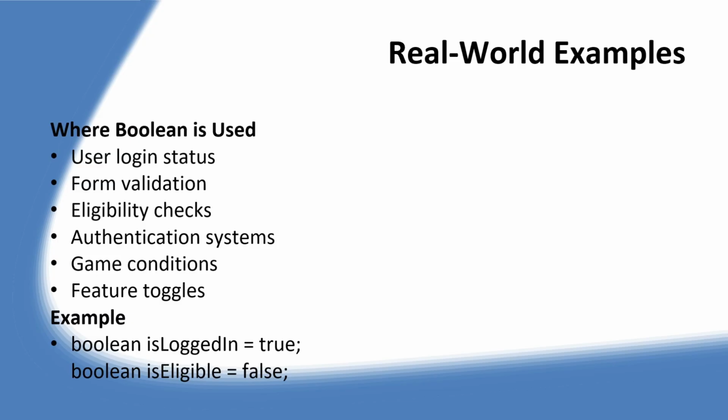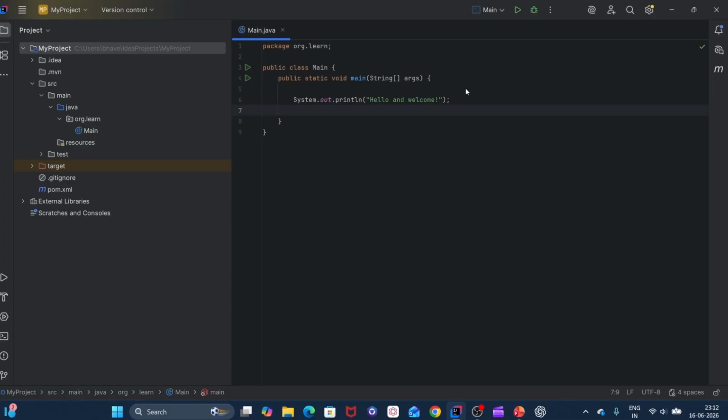A Boolean variable can store only two values. So let's see in IntelliJ. So data type boolean.